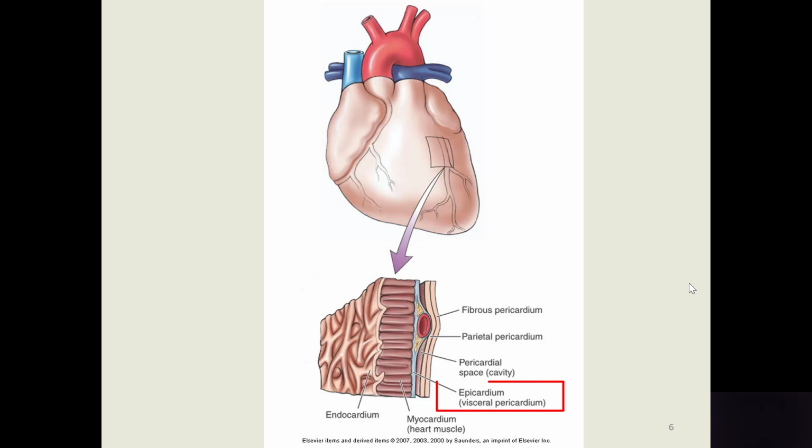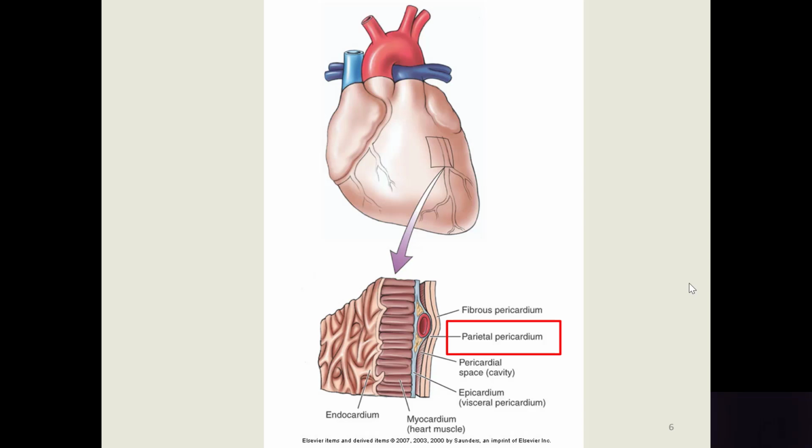Then the epicardium is the outer layer of the heart, but it's the same thing as the visceral pericardium. Remember, visceral means organ. Pericardium, peri means around, so this is the sac that surrounds the heart. The next layer is the pericardial space that contains pericardial fluid, and the purpose of the fluid is to reduce friction.